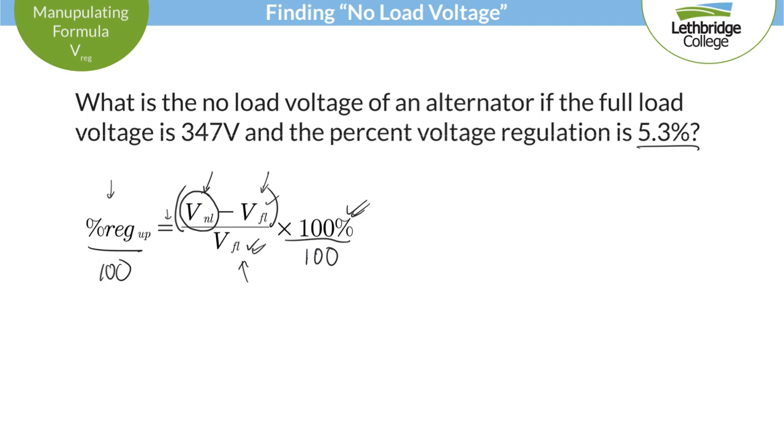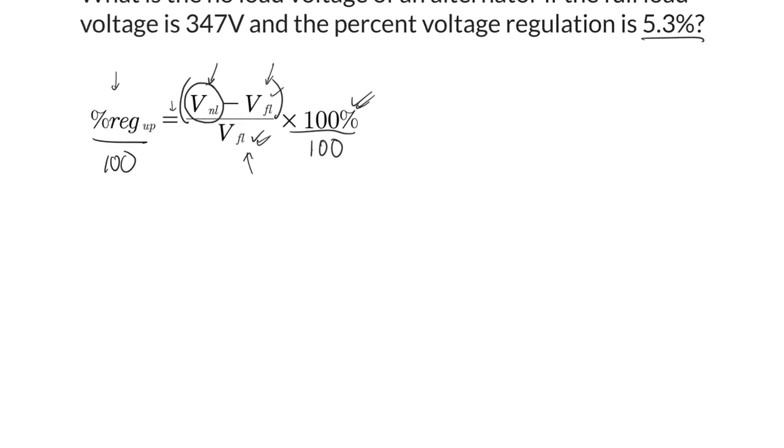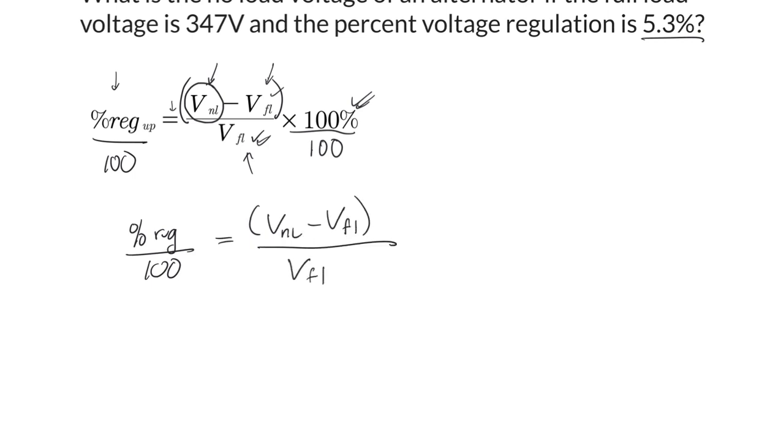Okay, now let's write what we have so far. So I have percent reg over 100 is equal to VNL minus VFL over VFL. Okay, so now I want to get rid of this. So since I'm dividing by it, the way I get rid of it is multiply both sides by it.